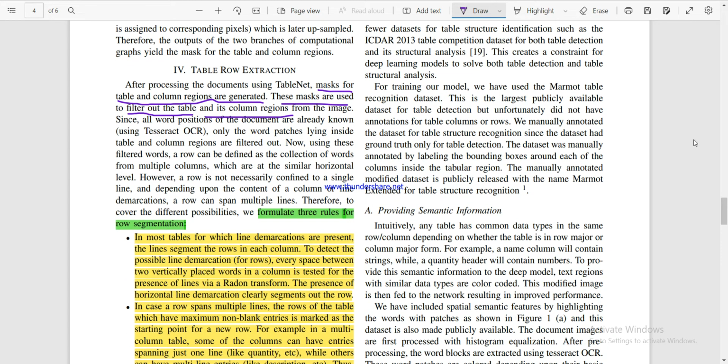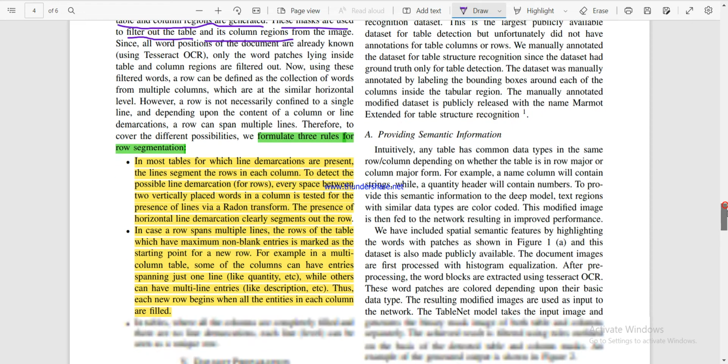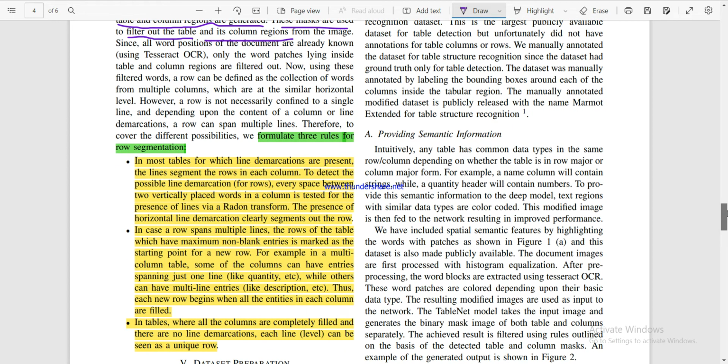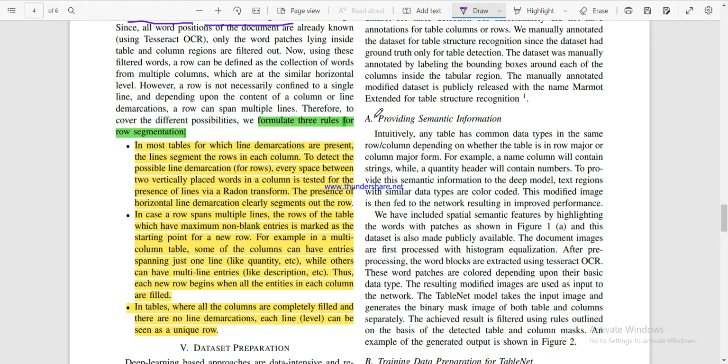Yes. So now come to this table row extraction. Here they are saying that they are using OCR for extraction, and then three rules for row segmentation. The first rule is, in most tables for which line demarcations are present, the line segments the row in each column.